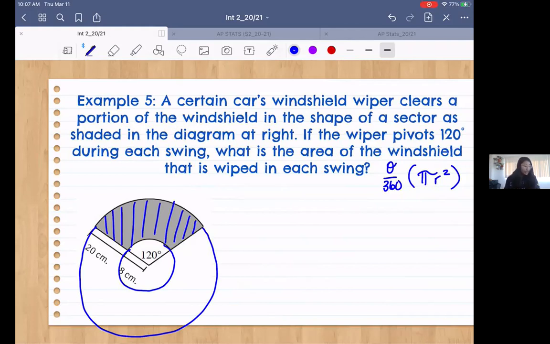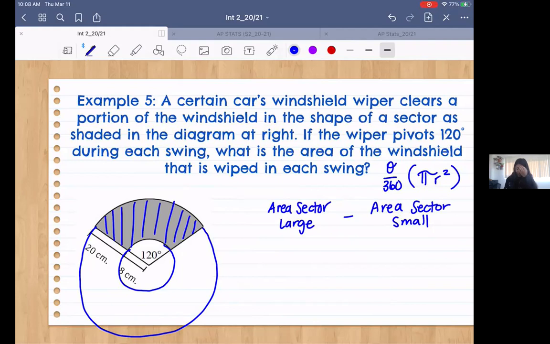So we're going to figure out two things. The first thing is the area of a sector of our larger circle, and then we're going to subtract from that the area of a sector from our small circle, okay?